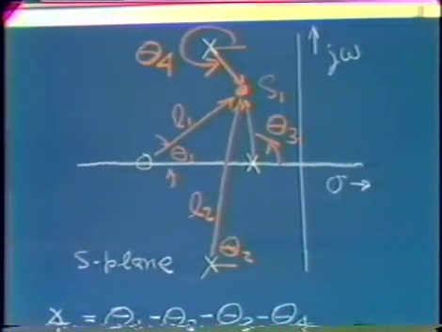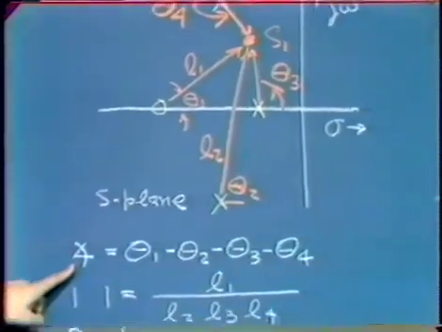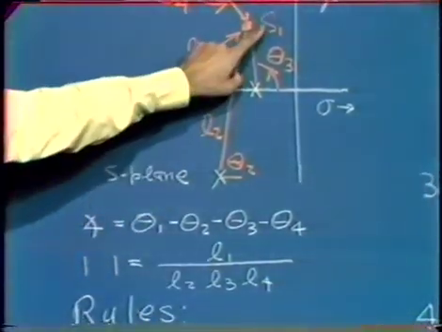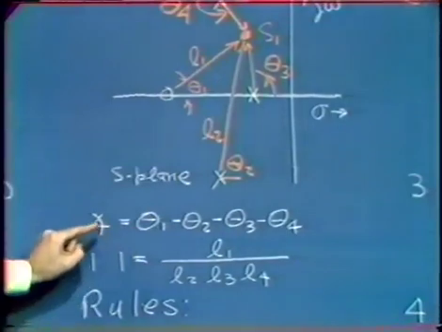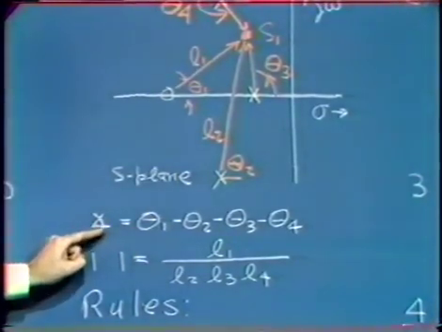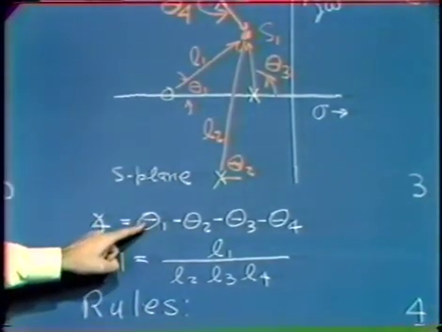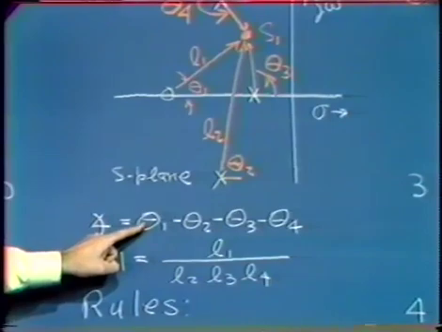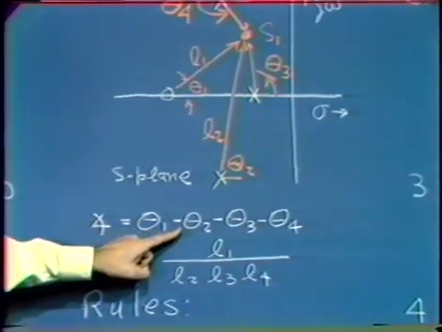And we can then evaluate the angle of G of S for values of S equal to S1 as being equal simply to the sum of all the angles associated with the vectors from zeros. In this case, we only have one of them, so that's theta 1. And we subtract from that sum the angles associated with the vectors from all of the poles of the function.